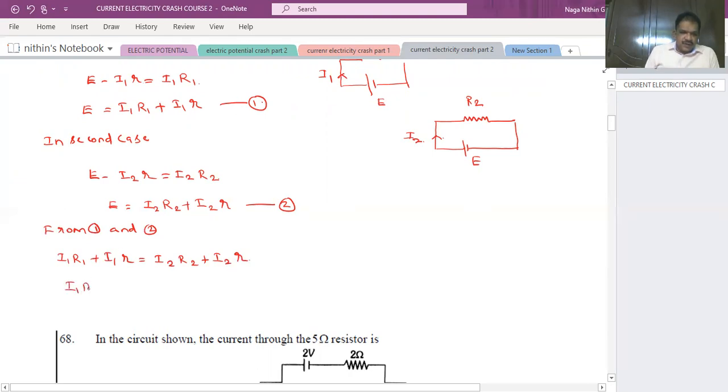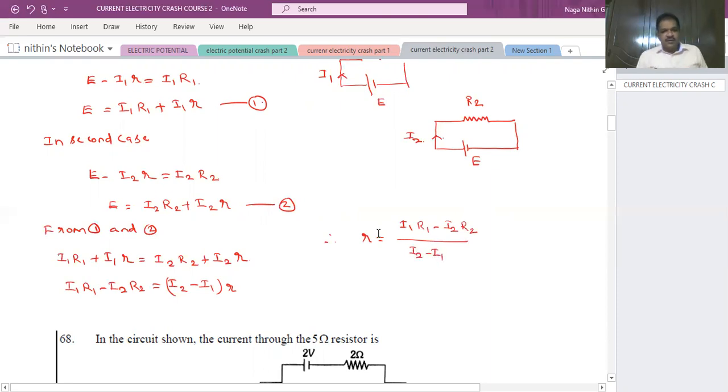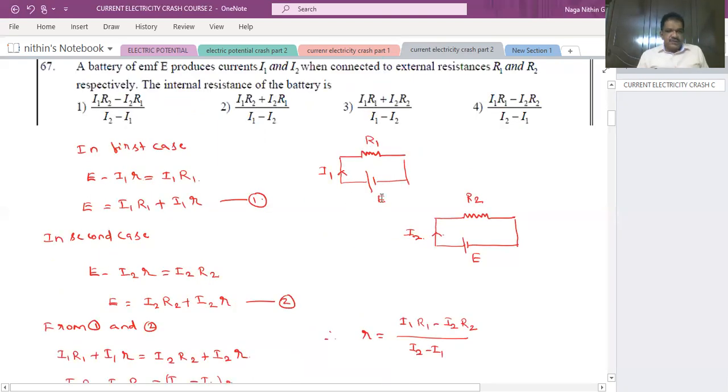So I1 R1 minus I2 R2 is equal to (I2 minus I1) into r. Therefore, r is equal to (I1 R1 minus I2 R2) by (I2 minus I1). The fourth option will be correct for it.